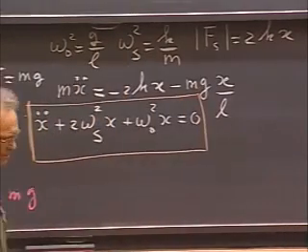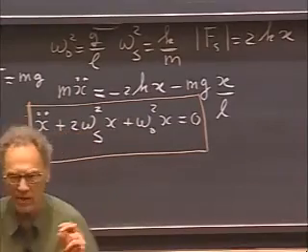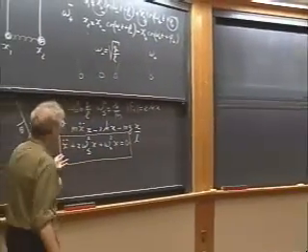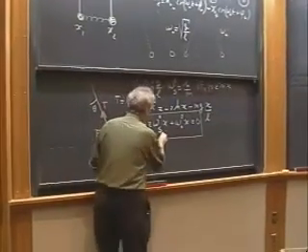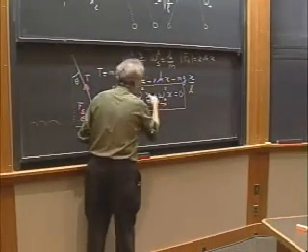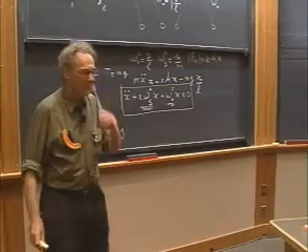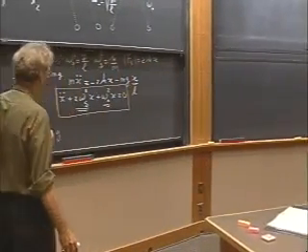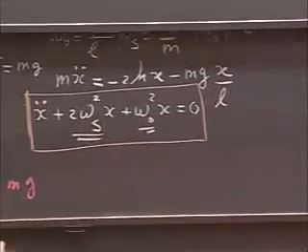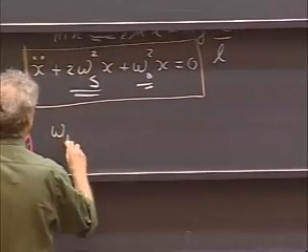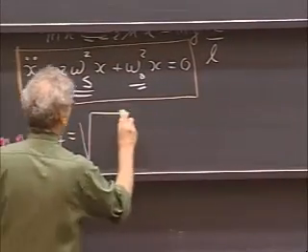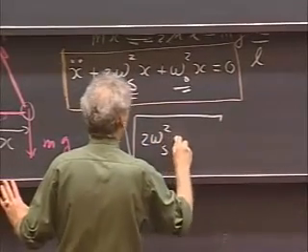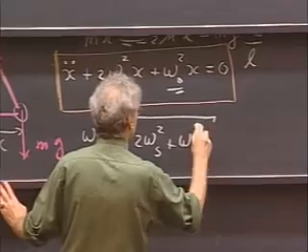And that, of course, you can do in 3 seconds, because you recognize this differential equation. It is x double dot plus something times x. And so the new frequency, which I will call omega plus, is the square root of 2 omega s squared plus omega 0 squared.